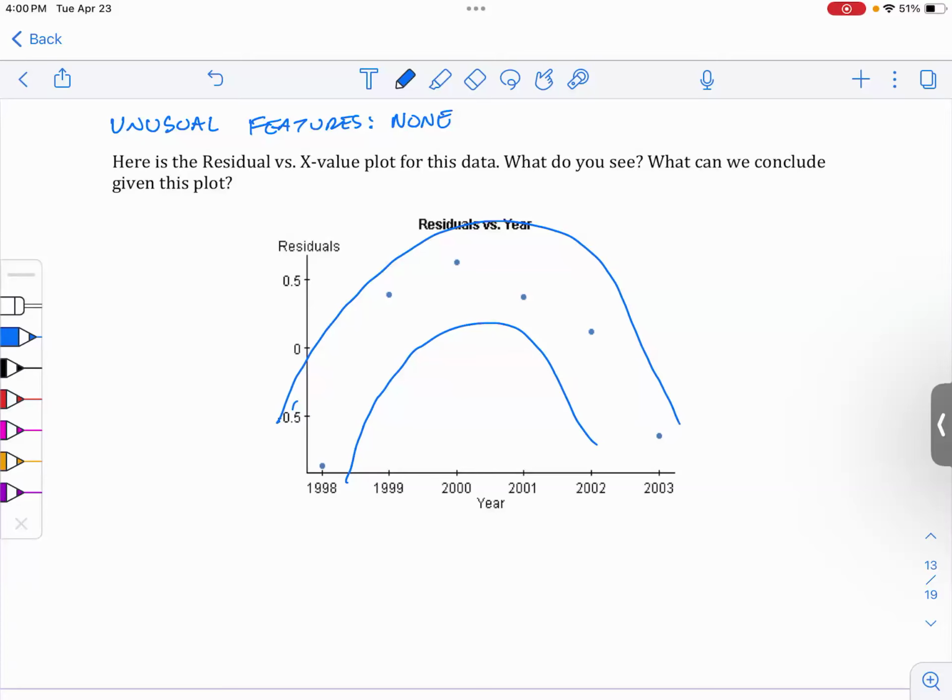Okay. So basically this says, I see a pattern here. And specifically, I see a parabolic pattern here.